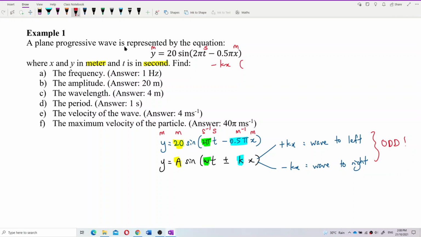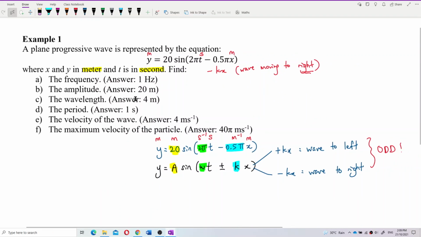Negative kx means the wave is moving to the right. Just remember that.